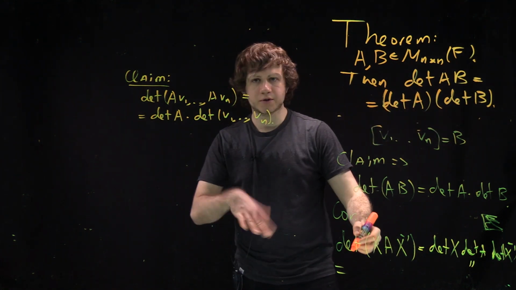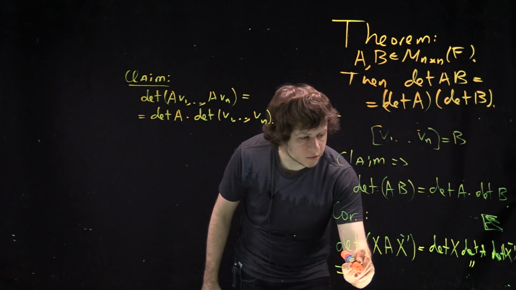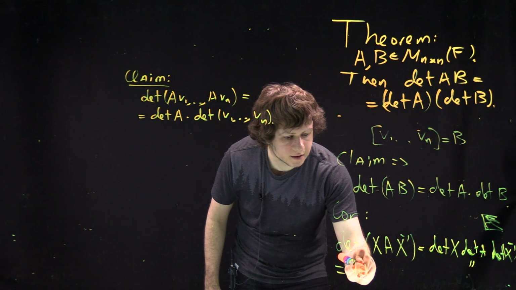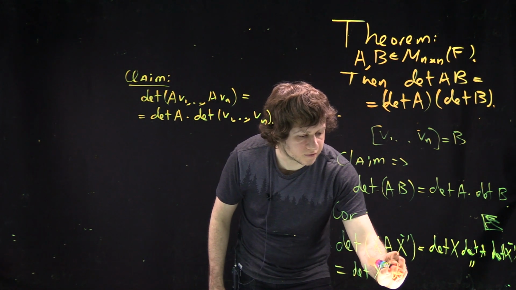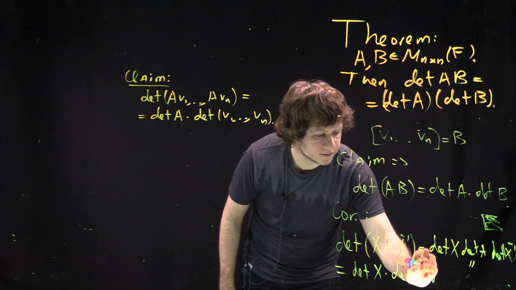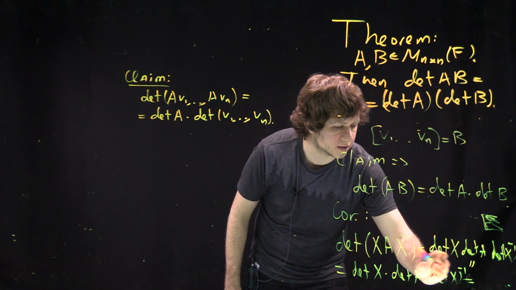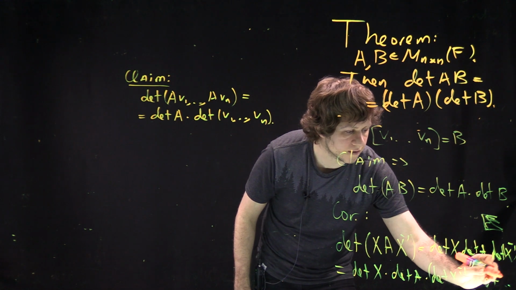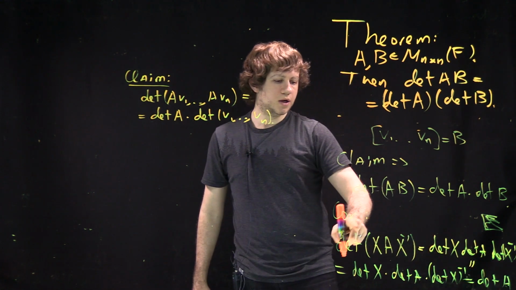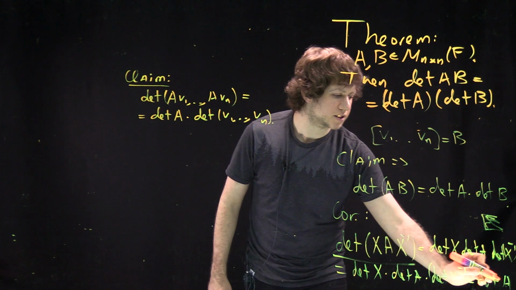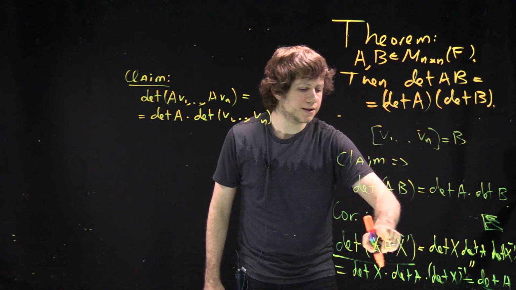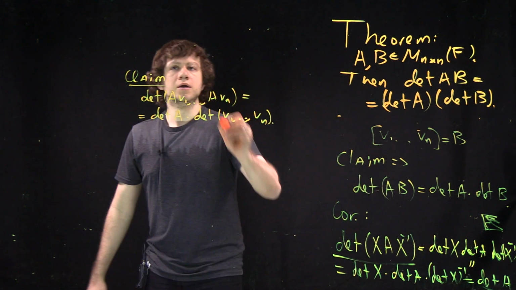So the determinant of X inverse is the inverse of the determinant. So this is just the determinant of X times the determinant of A times the determinant of X inverse. And these are just numbers, so they commute. So this is the determinant of A.